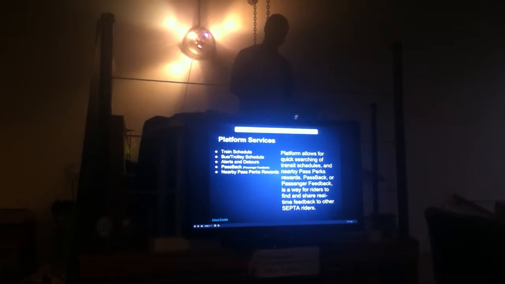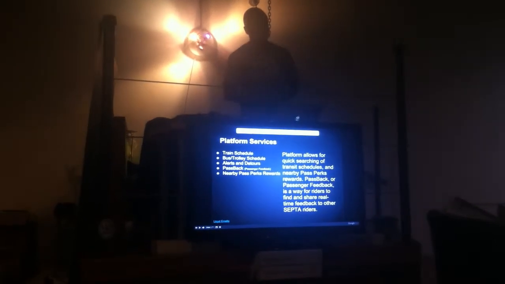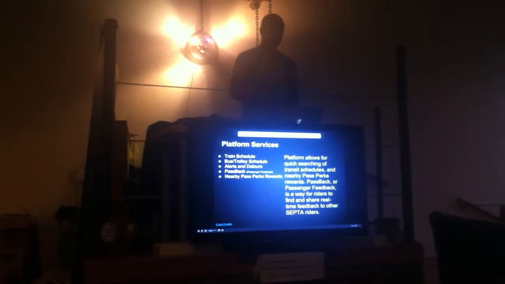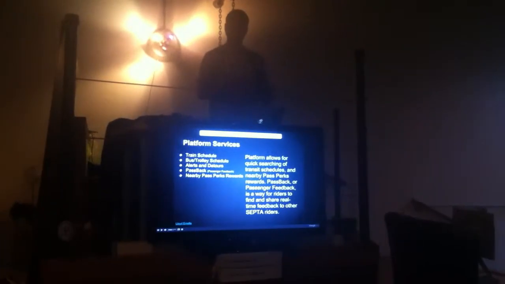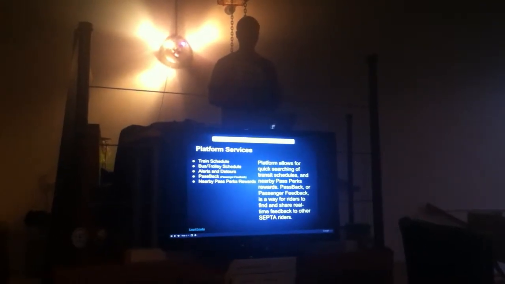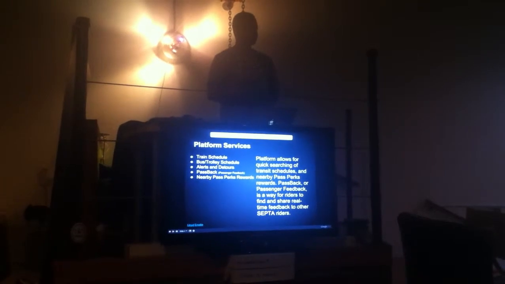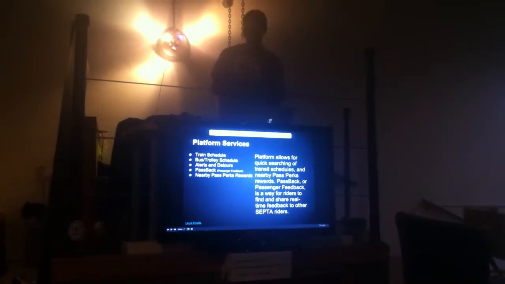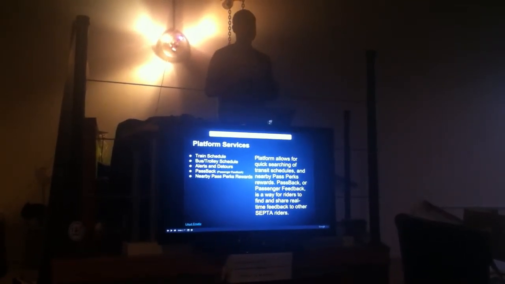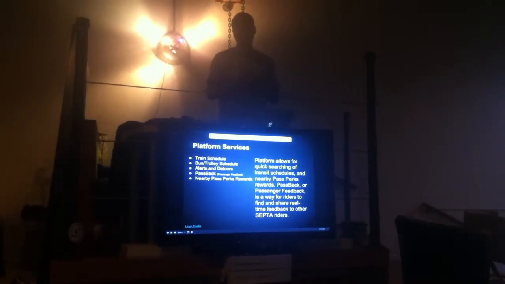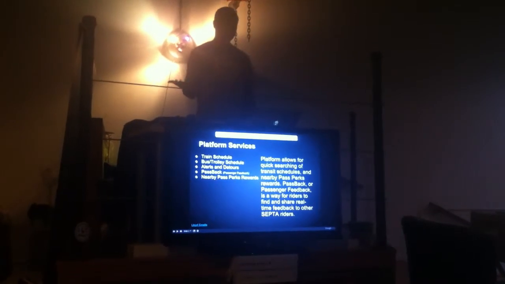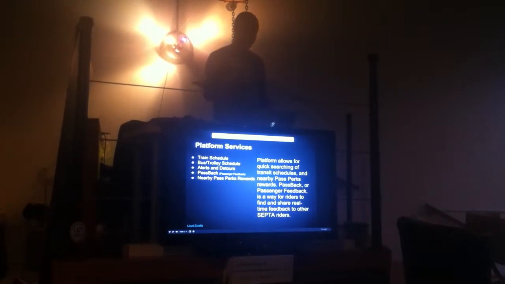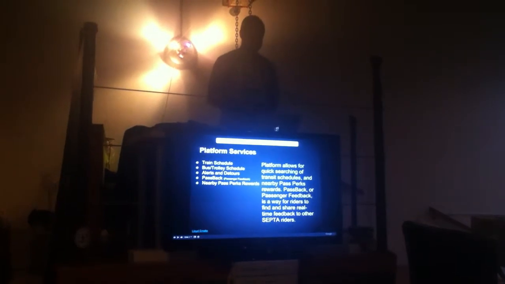Some of the platform services: train schedule, bus schedules, alerts. This cool thing called Passback. These are just ideas that I'm working towards with this platform, but I'm hearing the same things across the room here, that there should be some sort of feedback system where people can share information when they get onto a bus. If it's late, there's road construction, things like that could be useful, anonymous data that could be useful for everyone using the system.